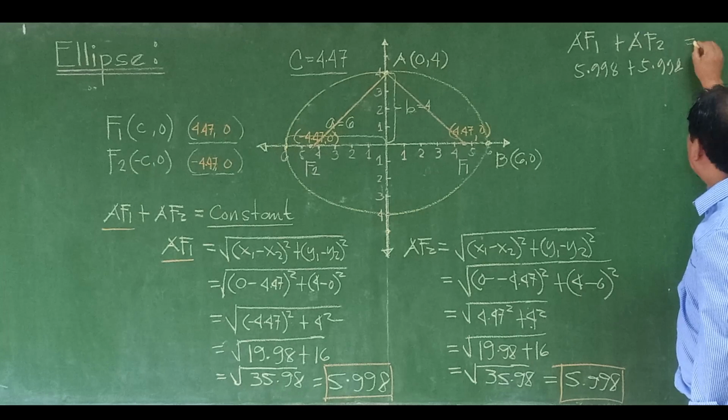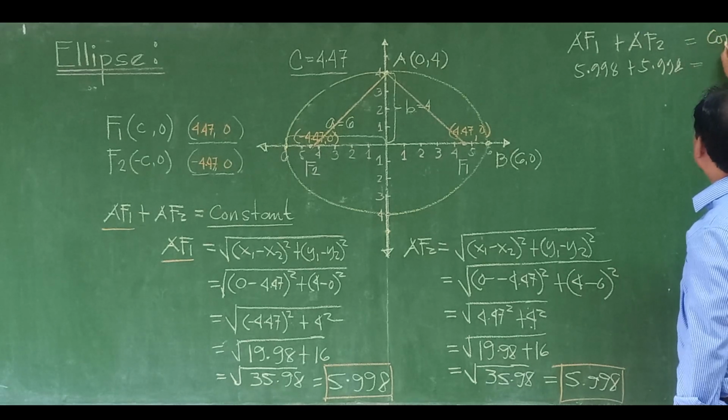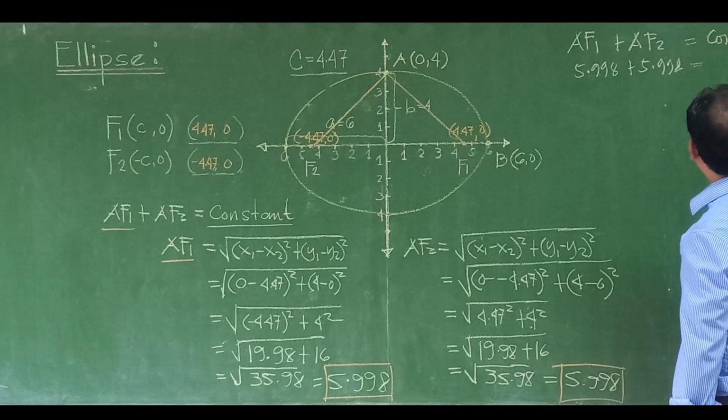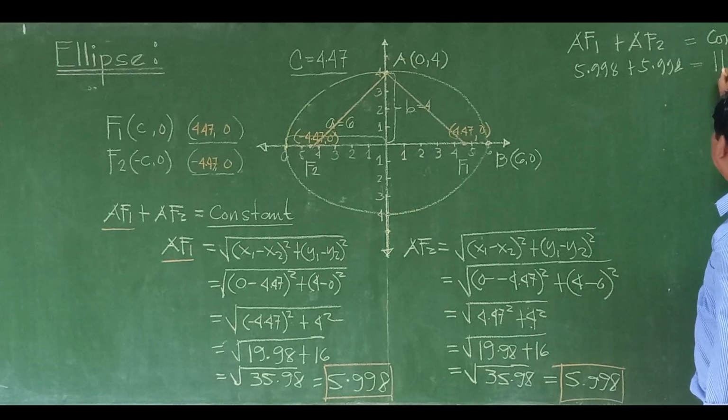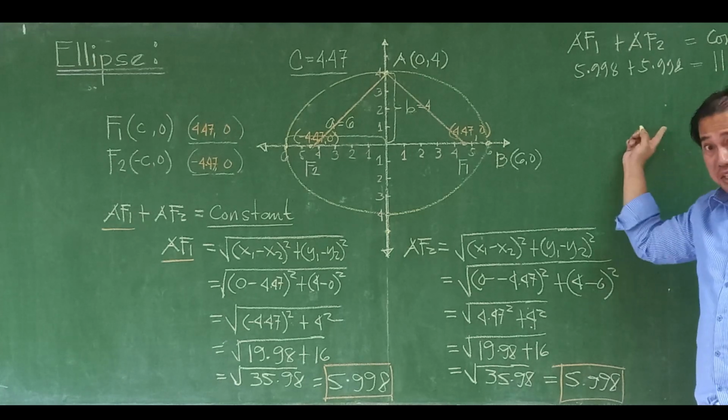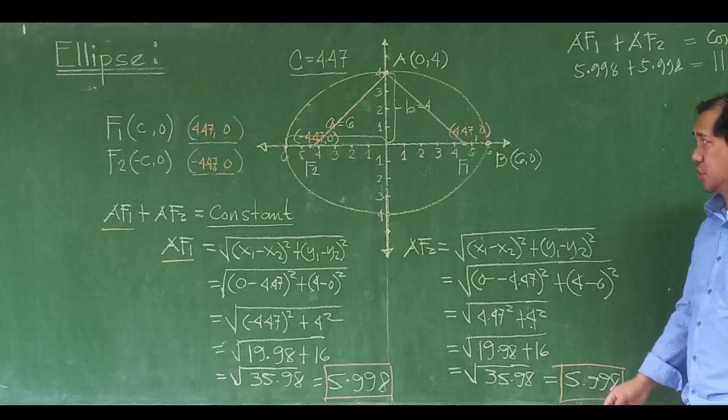And so our constant now in here is 11.996. That is the same as 12. Actually, that is the same as 12.